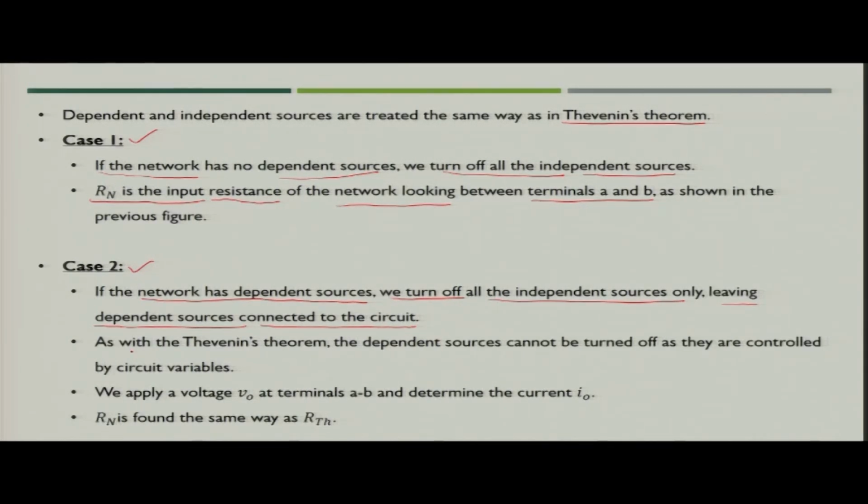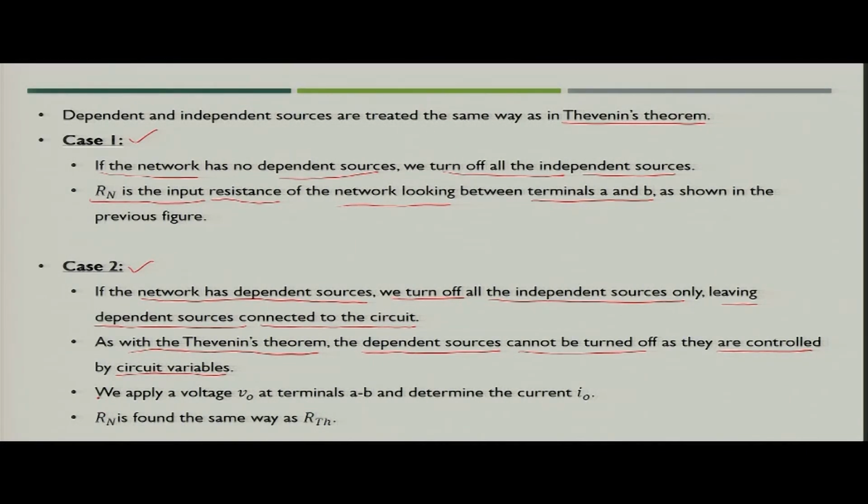As we saw with Thevenin's theorem, in this theorem also the dependent sources cannot be turned off because they are controlled by the circuit variables. So, we will keep the dependent sources in the network and solve the circuit to find the value of IN, the Norton's current, and Rn, the Norton's resistance.